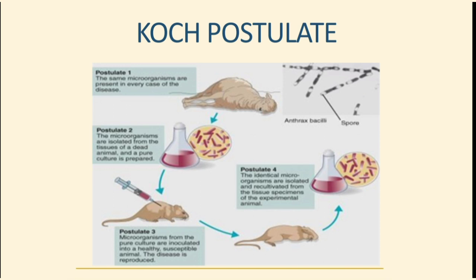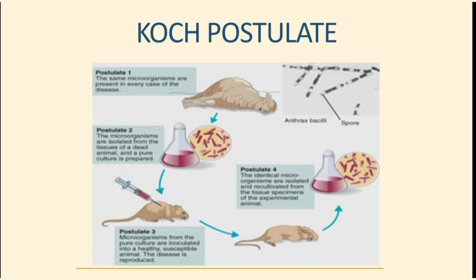Developed in the 19th century, Robert Koch's postulates are the four criteria designed to assess whether a microorganism causes a disease. As originally stated, the four criteria are: first, the microorganism must be found in diseased but not in healthy individuals. Second, the microorganism must be cultured from the diseased individual.